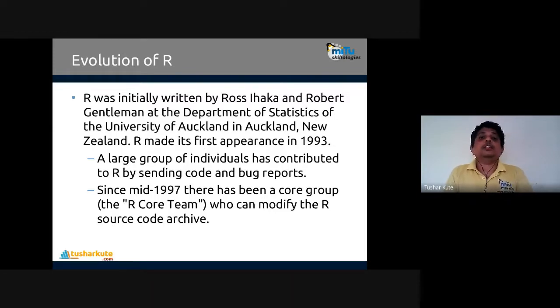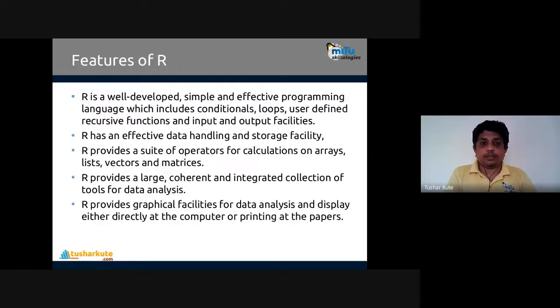But currently, a large group of individuals have contributed to R by sending code and bug reports. Since mid 1997, there has been a core group called the R core team who can modify the R source code archives. They have the ability to modify that, and this is what we call CRAN, the Comprehensive R Archive Network. They hold the current control of the R programming language.